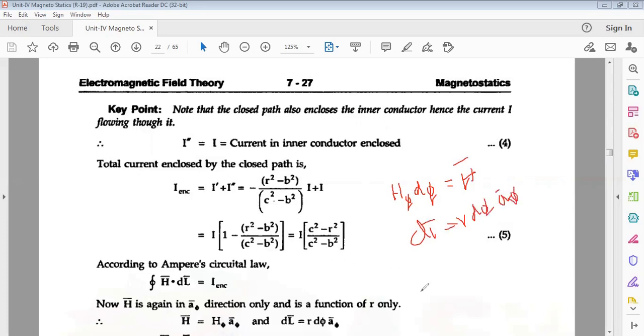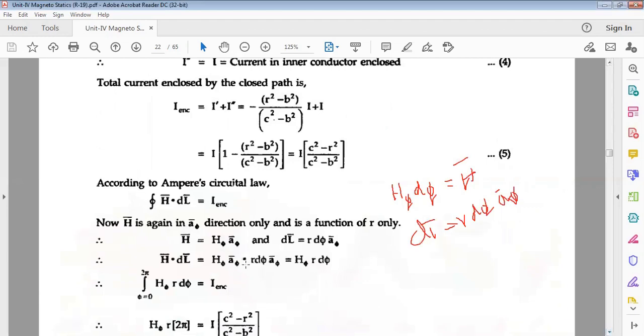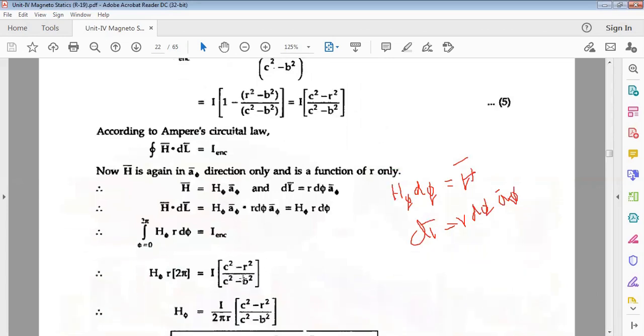The total I enclosed is I times C square minus R square by C square minus B square. H bar dot DL bar is finally H phi R D phi. H phi into R into 2 pi is only on the left hand side because it is the integral of H bar dot DL bar.